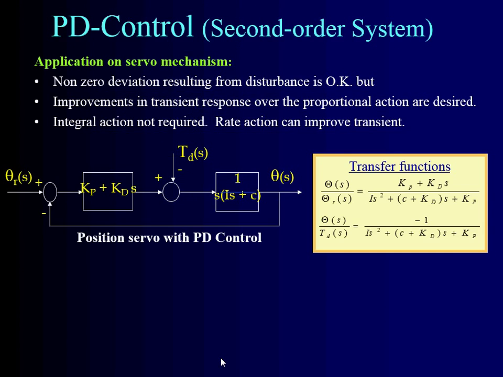That's the question. For example, here, if you have a proportional derivative control for second order system, you have here a servo mechanism that has this kind of transfer function for the system.